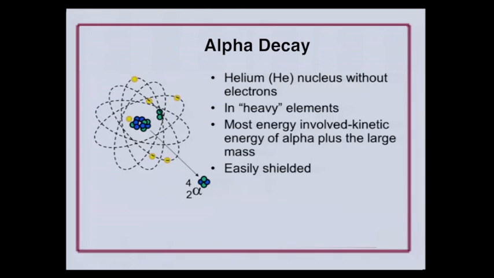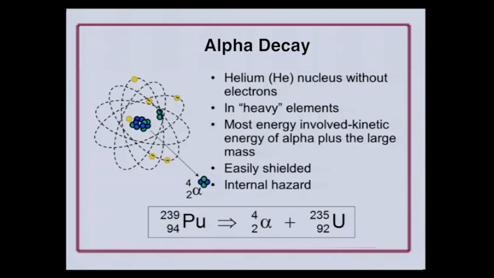It is primarily an internal hazard because of that. The reason is, inside of us, we have live tissue. We don't have dead skin, we have live tissue. And it will interact a whole lot because of the charge and because of the mass. As far as illustrating it, the alpha decay equation is illustrated here.